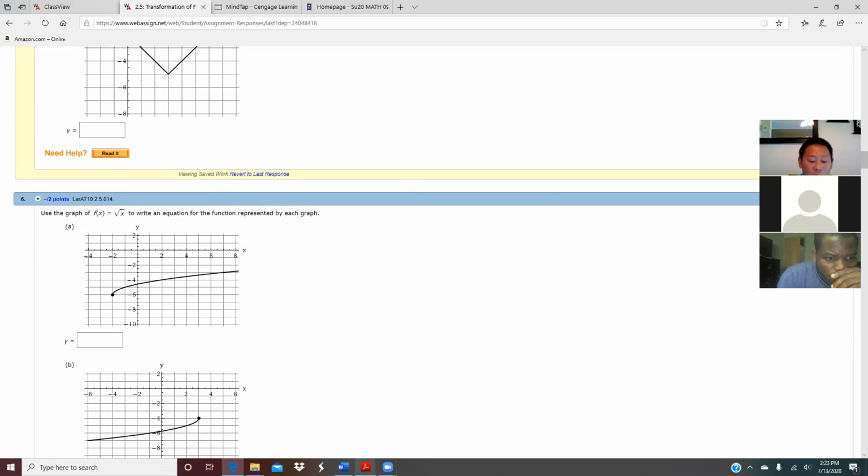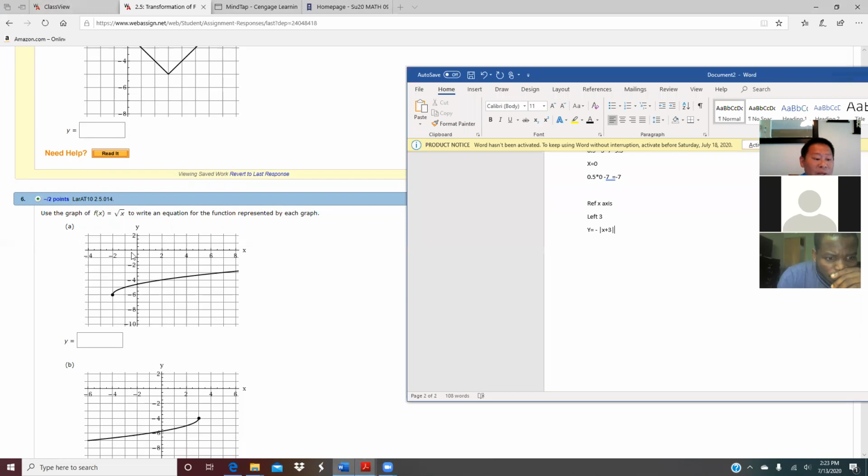So can someone tell me what transformation do we have that moves from 0, 0 to this point? What do we do from here, move to here? Left, right, up, down? What do we have? What are the coordinates of this one?